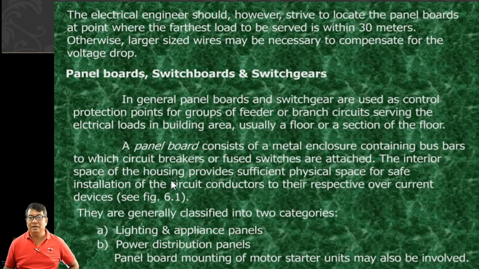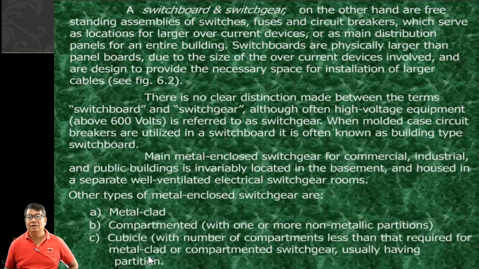The interior space of the housing provides sufficient physical space for installation, okay, for additional also. Okay, they are generally classified into two categories: lighting and appliance panels, and then power distribution panels or PDP. Okay, panel board mounting of power motor starter units may be also involved. Okay, so yan po ang PDP or power distribution panel.